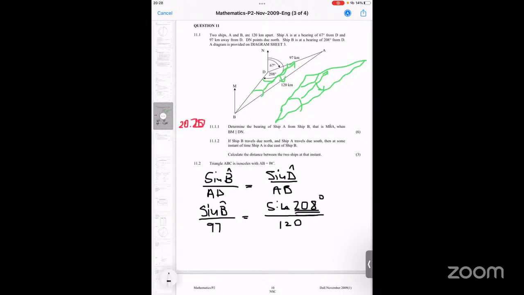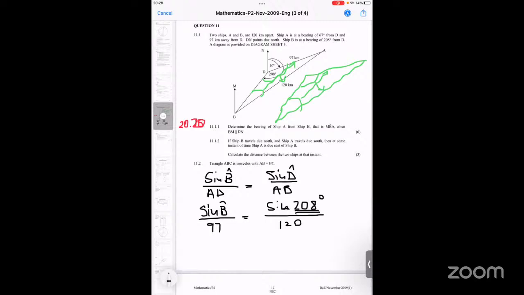So I wanted to find out why you substituted 208 and not 67. Well, 208 is opposite the 120 kilometers. 67 is just leading off to nowhere.